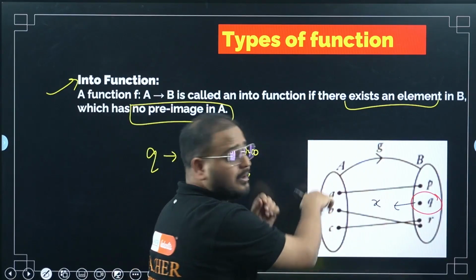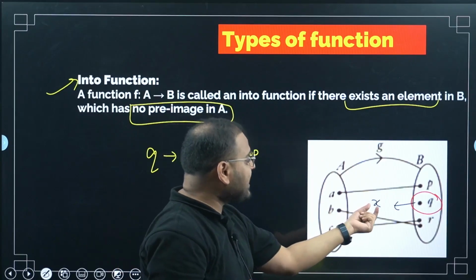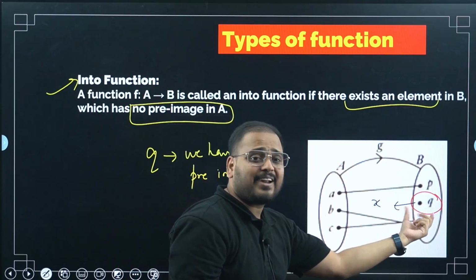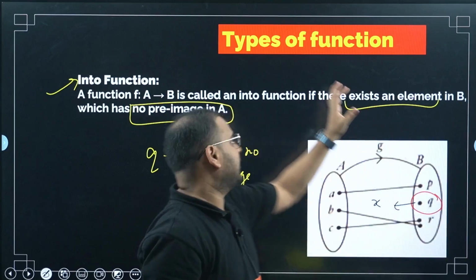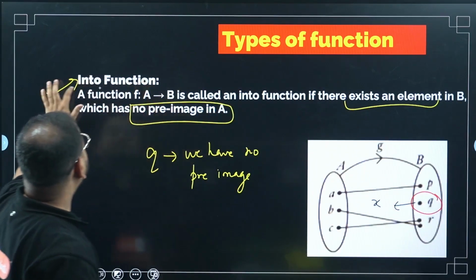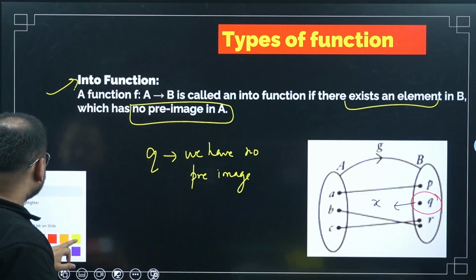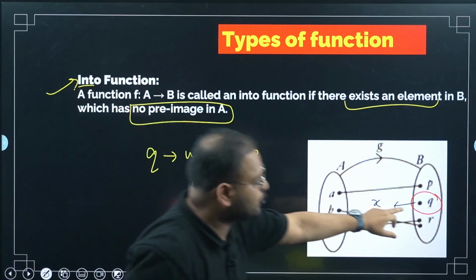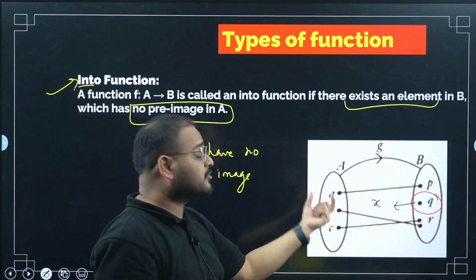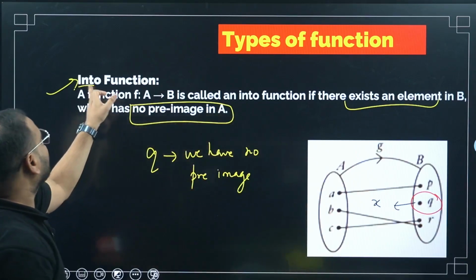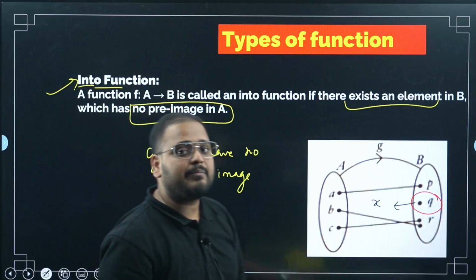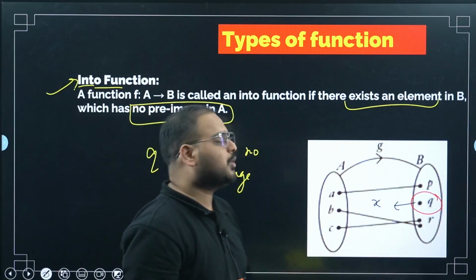If that is not in A, it means it is left alone, so it is into. If for q I find the pre-image value and it is not present in the domain, left alone means into.